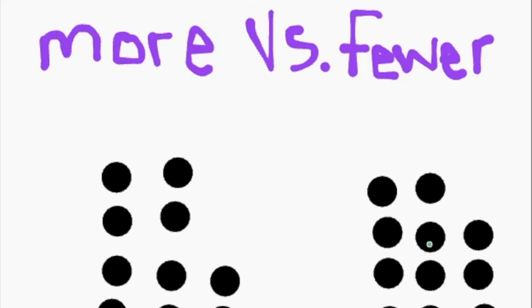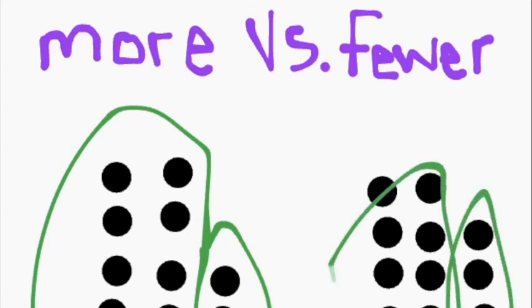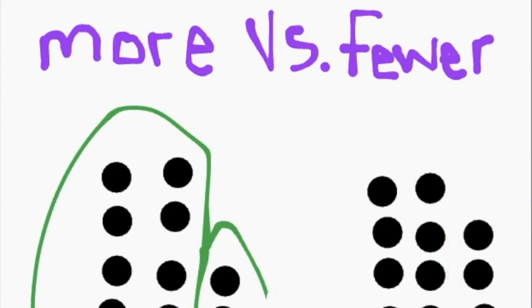And we can go 1, 2, 3, 4, 5, 6, 7, 8, 9, 10, 11, 12, 13, 14 to see how many there are. Or we can split it. We can say, well, here's a group of 3, here's a group of 10, here's a group of 4, here's a group of 10. Oh, I know this one has more because this one has a group of 4 and this one only has a group of 3. Or we can count it and say this one has more because it has 14 and the other group only has 13.